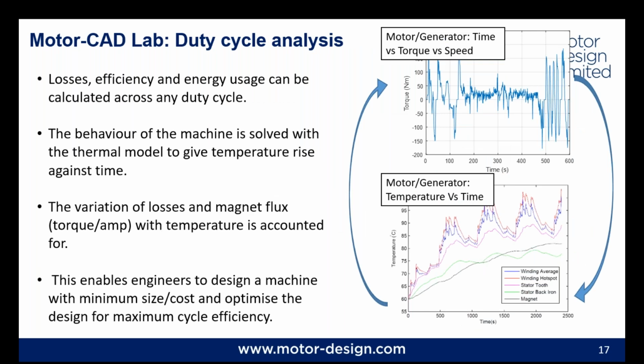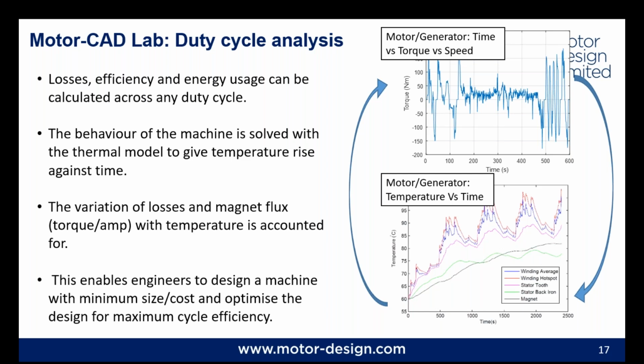Another thing that we can do with the lab module is calculate duty cycles. So this allows us to input a time, torque, and speed profile and solve this to get, with the control strategies, losses over time, and then with the thermal module to get temperature over time. To do this, it's very coupled, because you've got to account for the amount of current you require to give you a particular torque, and obviously the temperature of your rotor is quite crucial in that calculation.